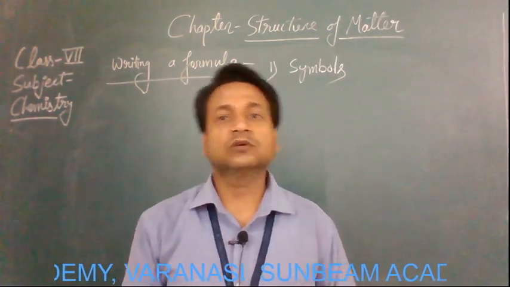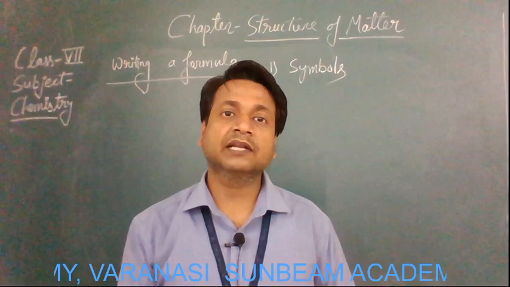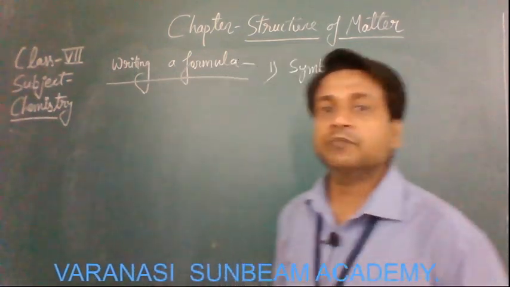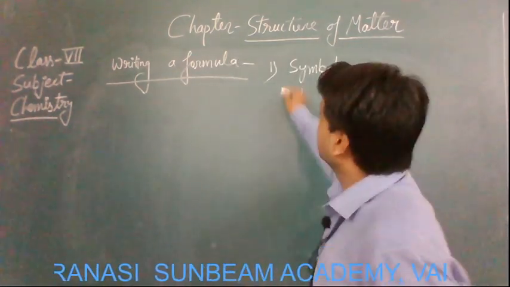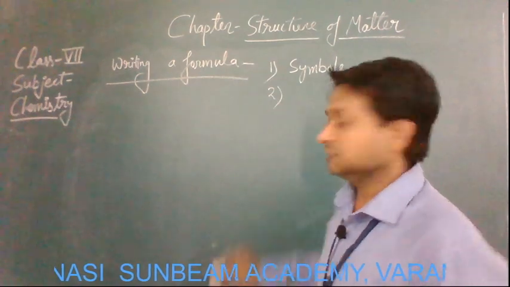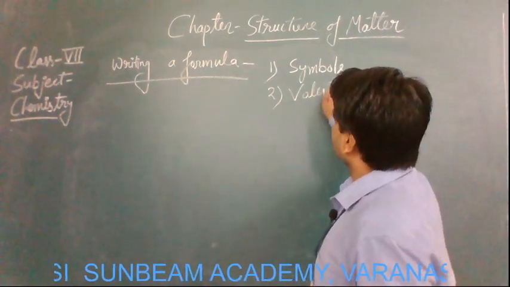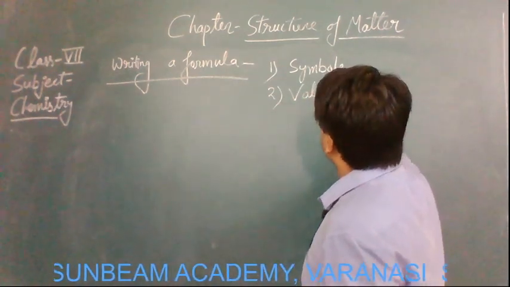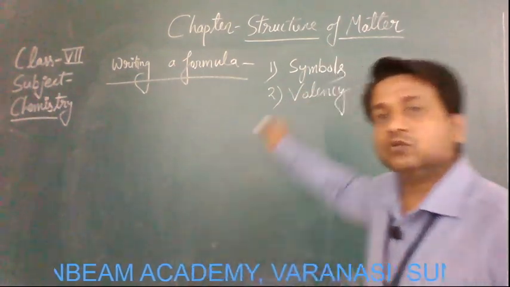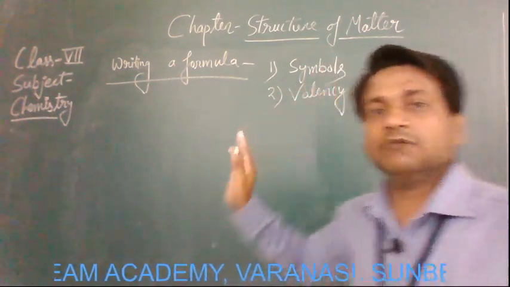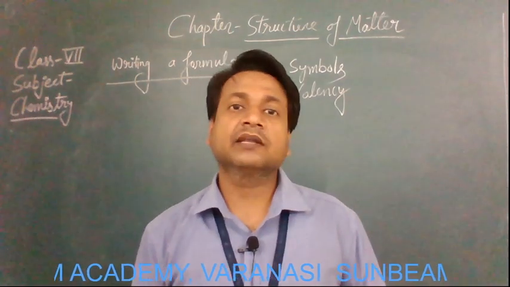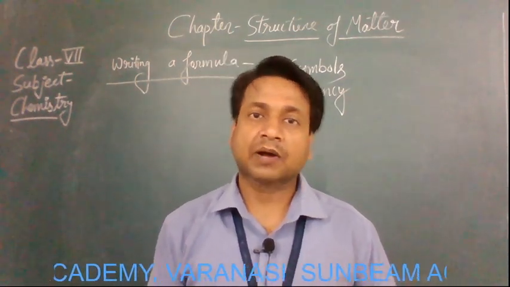We must know them, then we can easily write the formula. The second important thing that we must know is their valencies. If we know these two things, we can easily write the formula of compounds.